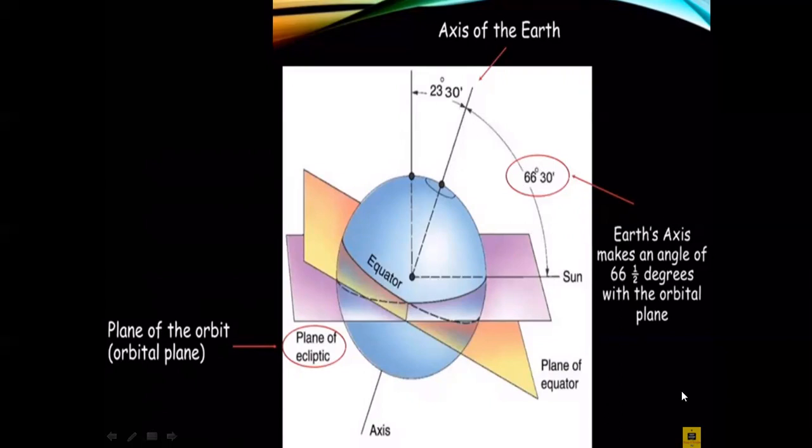This is the plane of the orbit. It is this pink slab, the pink glass, that is the orbital plane.